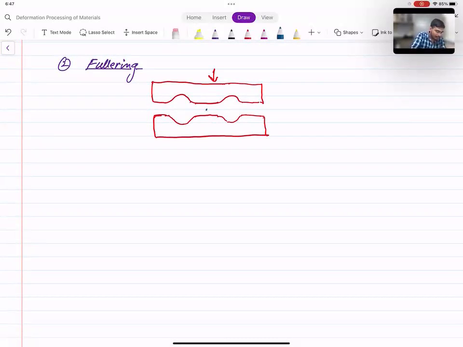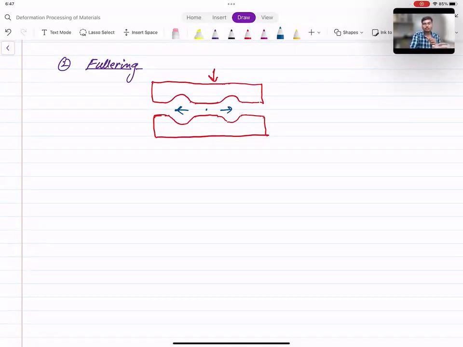From here, the material will flow outwards towards these cavities, and the central portion of the material will get reduced. So one of the applications of this kind of process is the forming of connecting rods of IC engines.